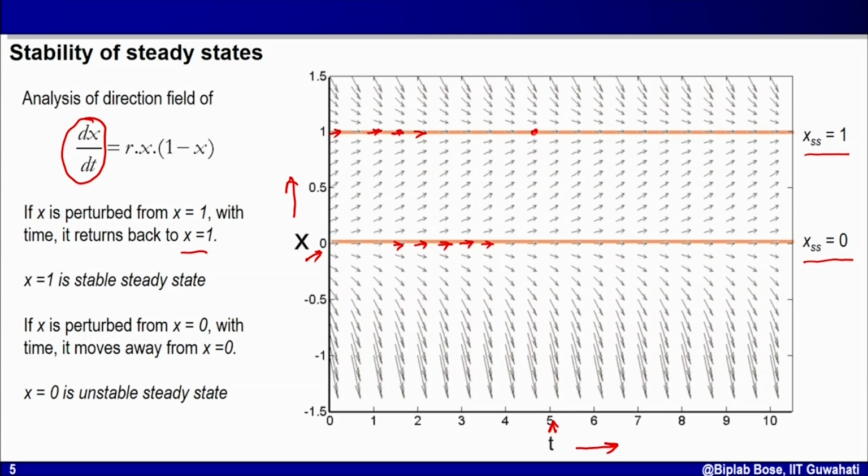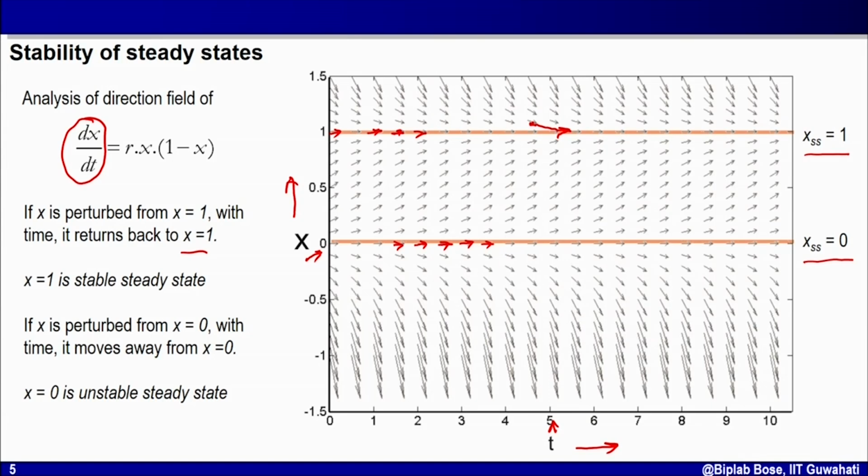I pull x a bit higher and drag it here, slightly high. The question is, if I leave x there and allow it to evolve with time, what will happen to x? As I see the arrows, as I have pulled x here, following these arrows, x will fall back to x equal to 1.